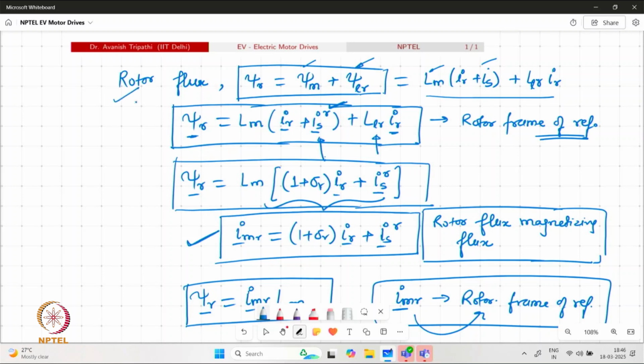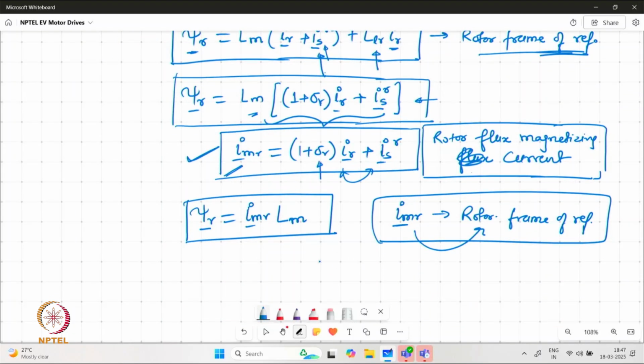And because rotor flux is the quantity which is associated with the rotor frame of reference, we are having the stator current given with a superscript R. And once again, by taking out the LM from the complete term, we are able to express an equivalent quantity which is called as rotor flux magnetizing current, which is again combination of rotor and stator currents and rotor leakage coefficient.